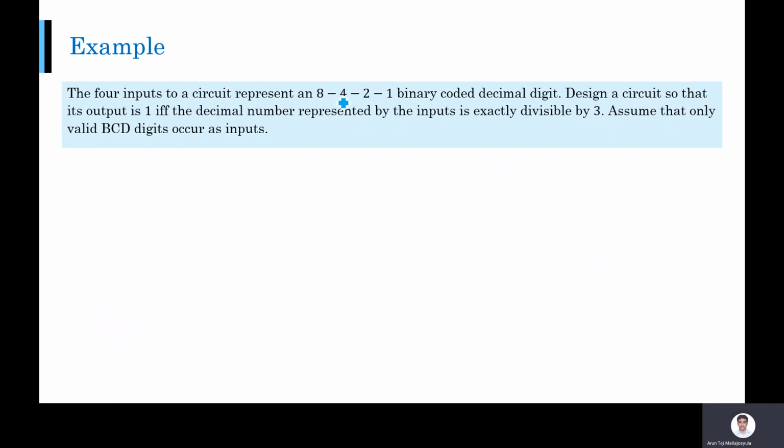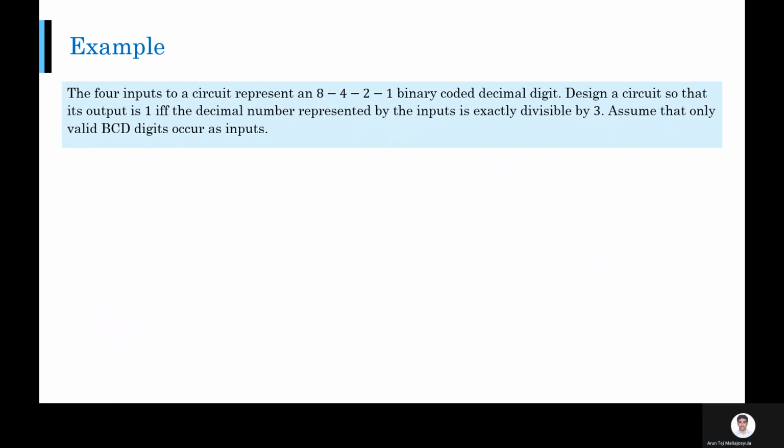So you have a BCD code with these weights 8, 4, 2, 1, which is normal, right? You have 0, 0, 0, 0 to 1, 1, 1, 1. That will give you digits from 0 to 15. Now this is binary coded decimal, so you use only the combinations of 0 to 9, right?